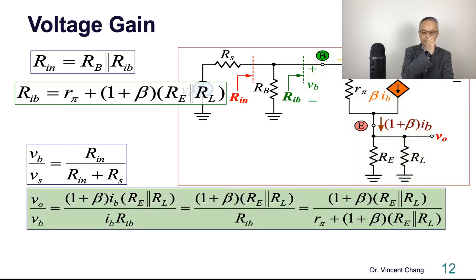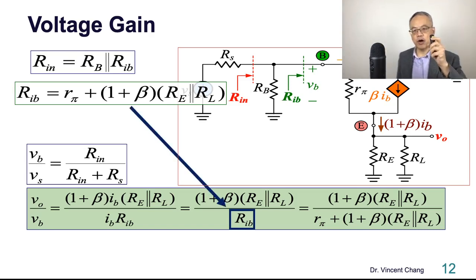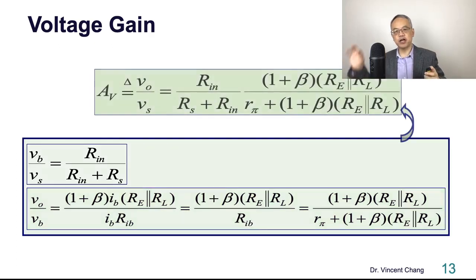I'm not going to belabor the details, so you can just pause, take note and try to digest. And then what's the Rib? Rib is what I just mentioned above. So the total overall VB over VS times VO over VB gives us the final outcome.